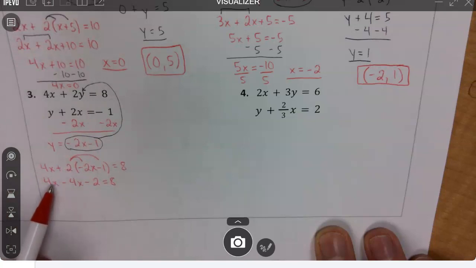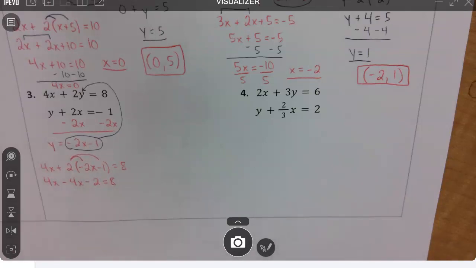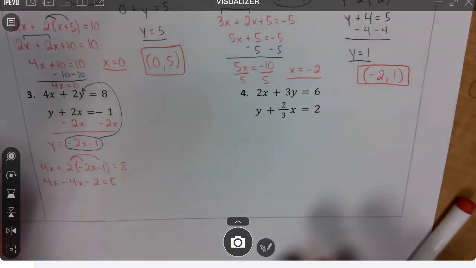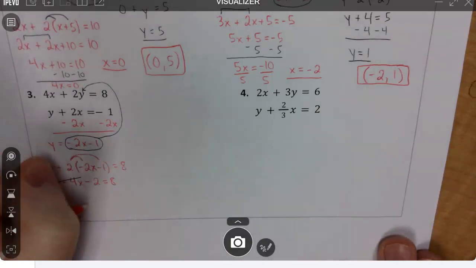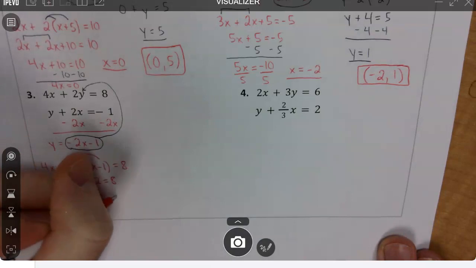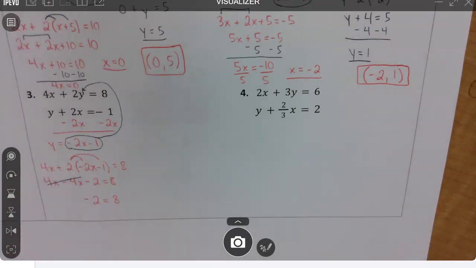If I have a positive 4x and a negative 4x, they cancel each other out. They look at each other and say bye-bye, because positive 4 and negative 4 make 0. So those actually cancel. And now what are you left with? You're left with negative 2 on the left, and positive 8 on the right. That clearly is not a true mathematical situation. Negative 2 does not equal 8.